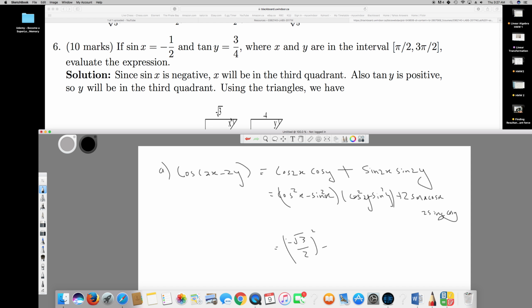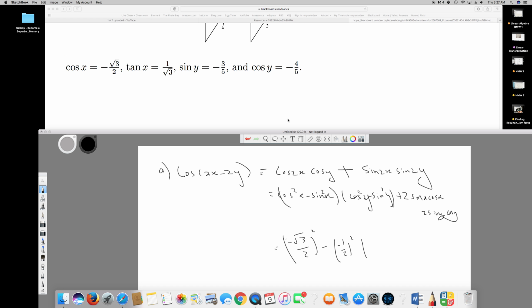Sin x is given now as minus half, so (minus half)². And cos²y: cos y is equal to minus 4 over 5, so (minus 4 over 5)², minus sin²y, which is (minus 3 by 5)².